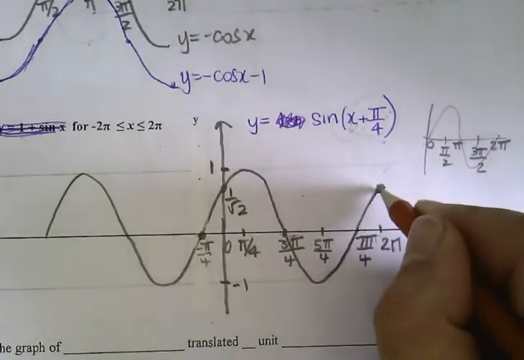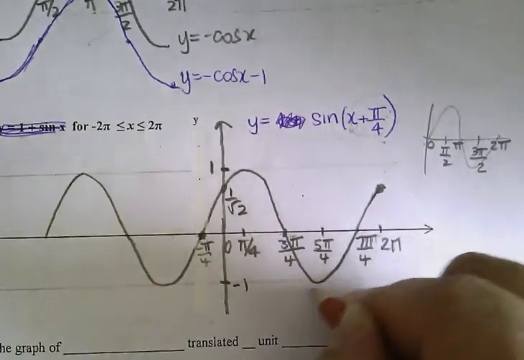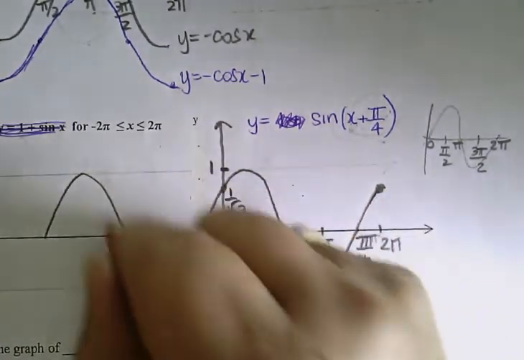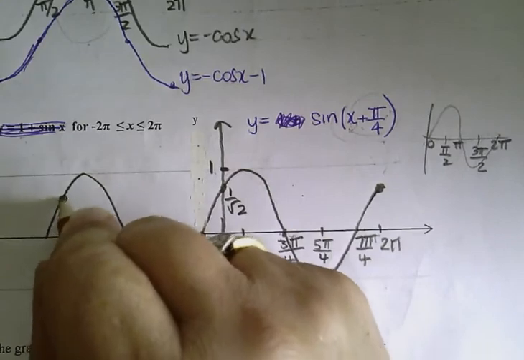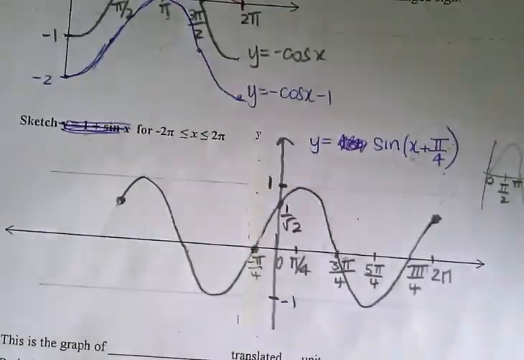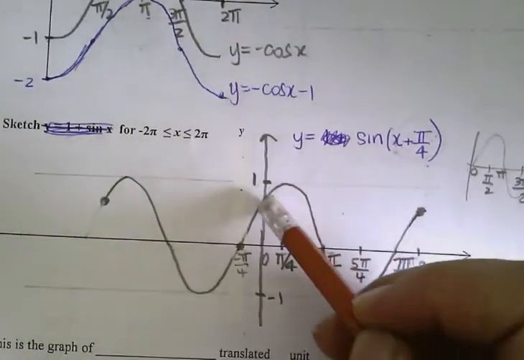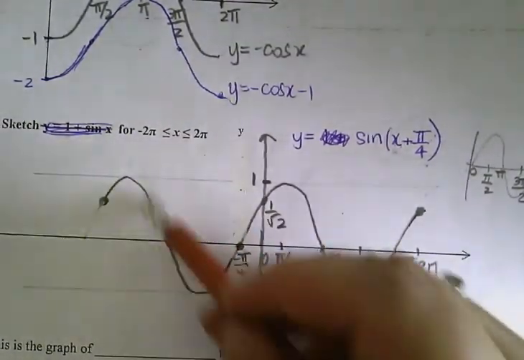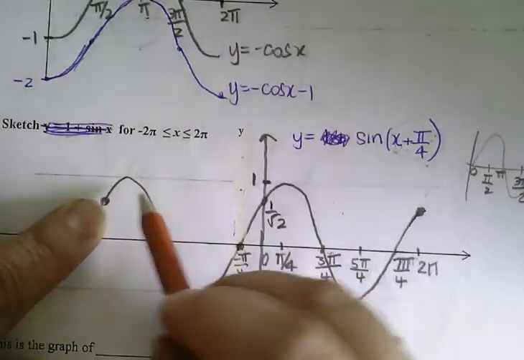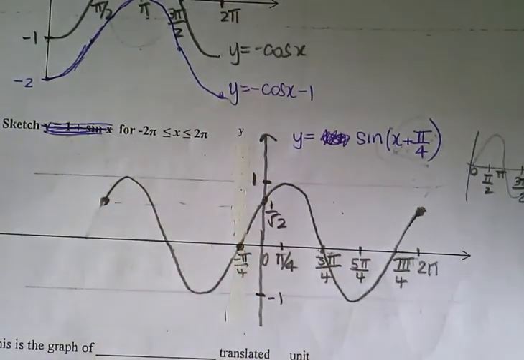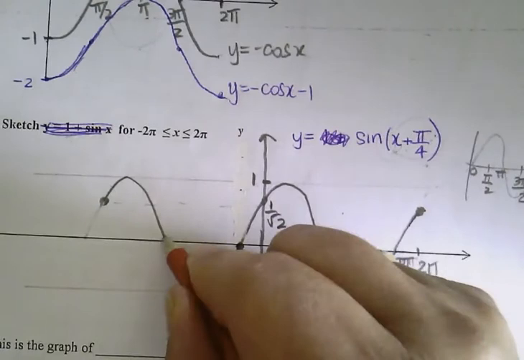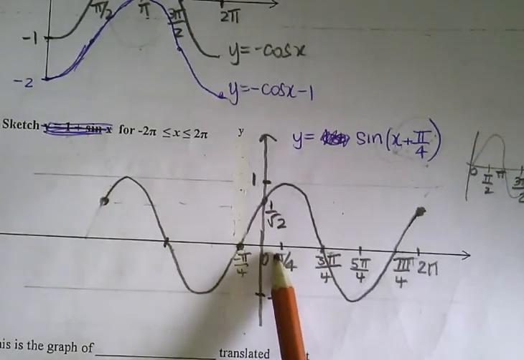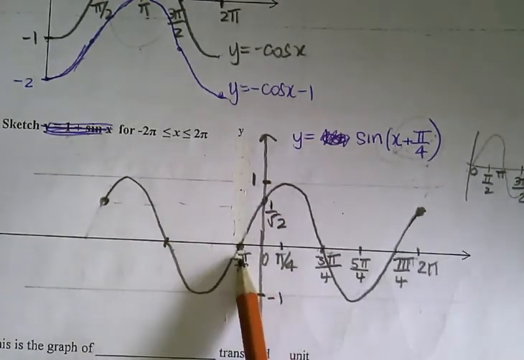Now when I come back, I need 1 complete period, which has to stop here as well. Do you get it? I don't need this last bit. I need to go over the hump and stop equivalent to there, which I'm doing. So this is negative pi on 4. What would this one be? Just have a look. That's pi on 4, that's negative pi on 4.